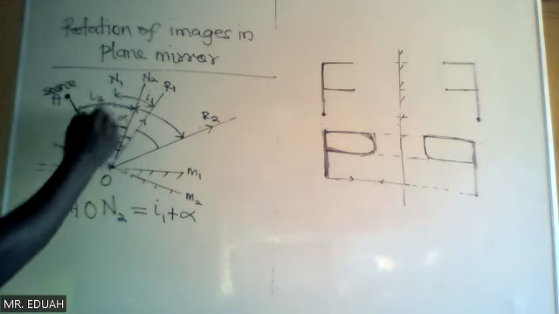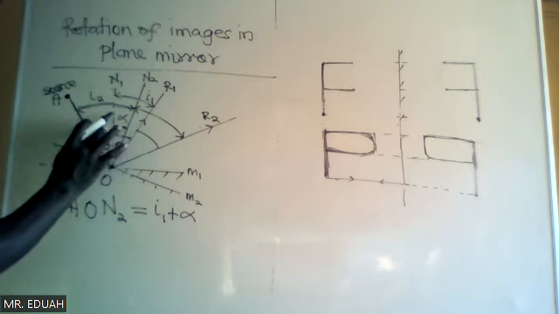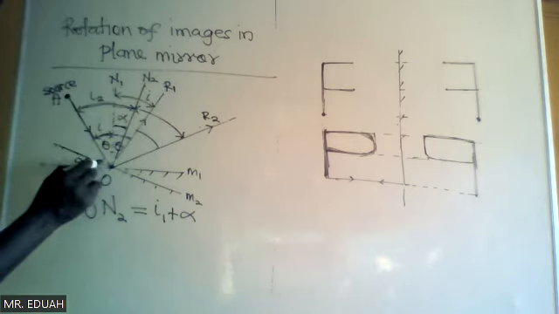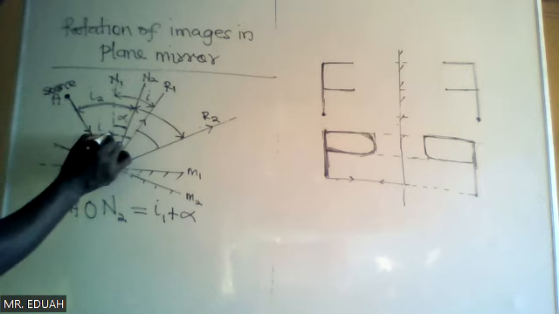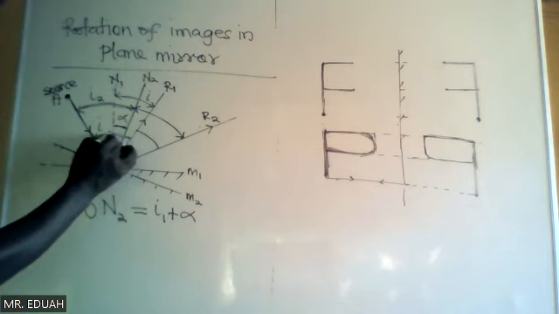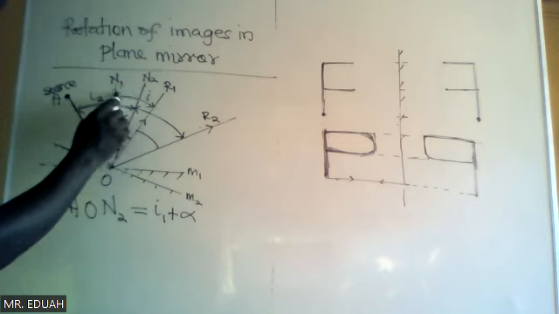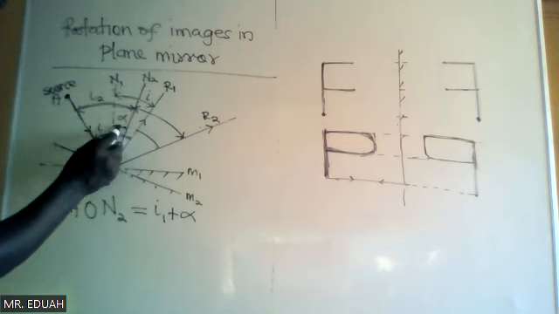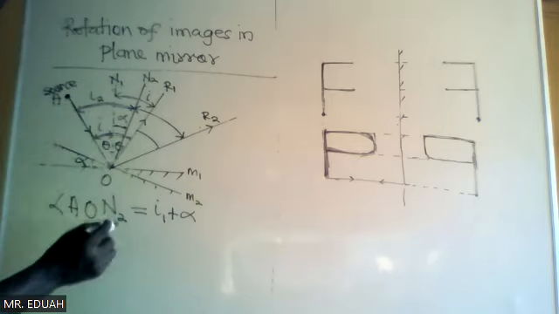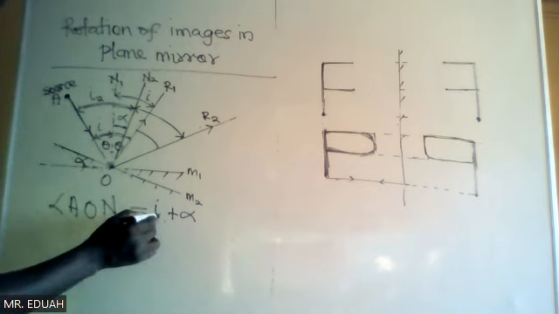Now, this angle AON1 is the first angle of incidence, I. And then this angle is alpha. The angle between the two normals, N1 and N2, is alpha. So this whole angle here is equal to this angle plus this angle. So angle AON2 is equal to I plus alpha.